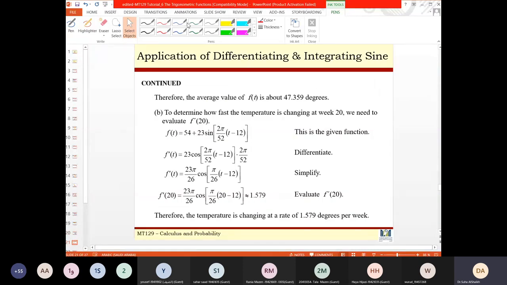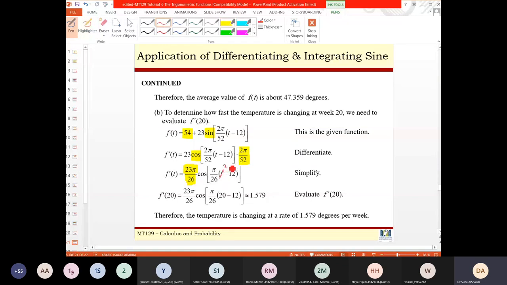Now the derivative of the function, it is 54 and it is sine. So the derivative of 54 is 0. The derivative of the sine is cosine, but it should be multiplied with the derivative of what is inside. The derivative of what is inside is 2 pi over 52. Combine the 2 pi over 52 with the 23 constant here, so we remain with 23 pi over 26. Substitute now with t equal to 20.